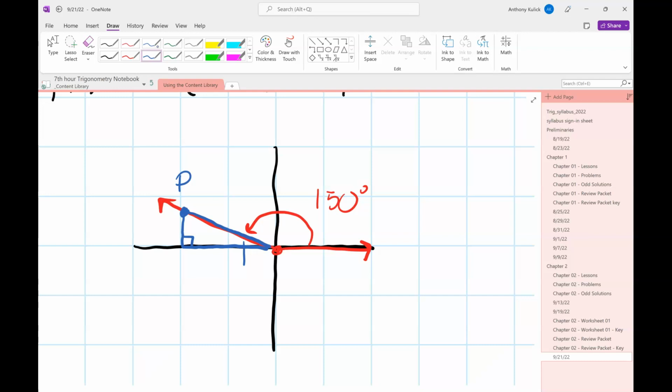It's a simple geometry question. Should be able to do this in your head. How far did my initial angle go? 150. How far is it back to the x-axis? 180. So what's the piece that's missing there got to be? 30. Everybody agree?